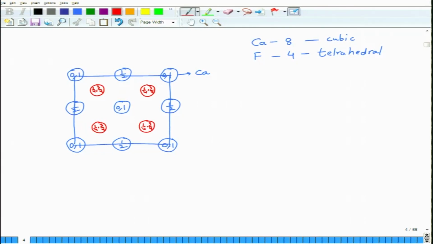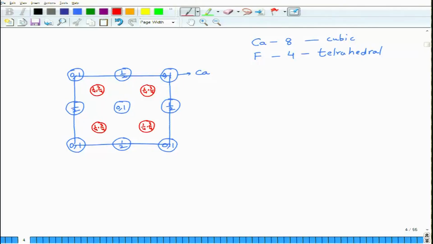Now, this we have drawn on the basis of the cation forming a lattice and the anion going to the tetrahedral interstices. However, if you want to look at the structure from the perspective of the cations forming the lattice, then you need to consider a unit cell in a different manner.